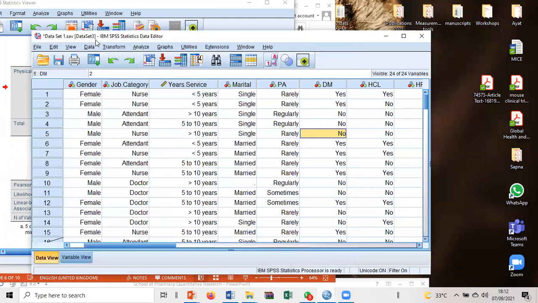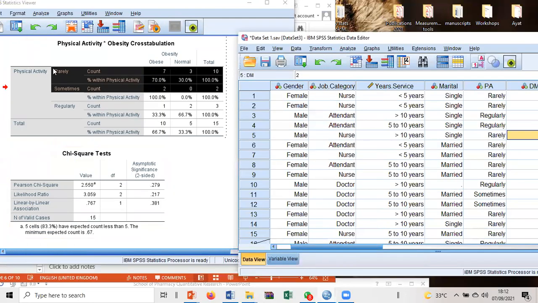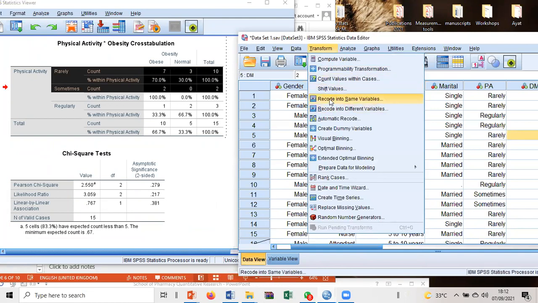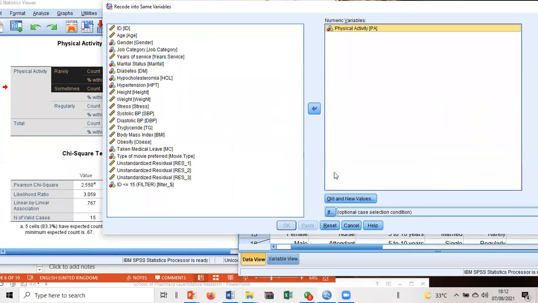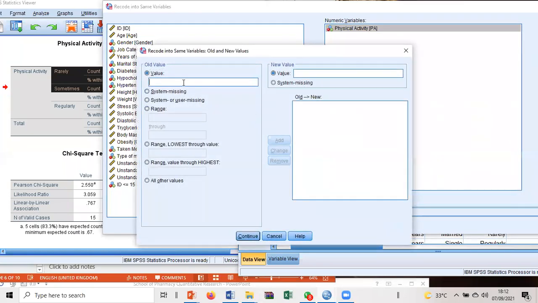Maybe collapse. I'm going to collapse these two. Rarely, sometimes together, okay? Right, rarely or sometimes, I think 1 and 2. Transform. What is that? PA. That's PA. Okay, PA. Let's say I put 1 become 2. Collapsing.